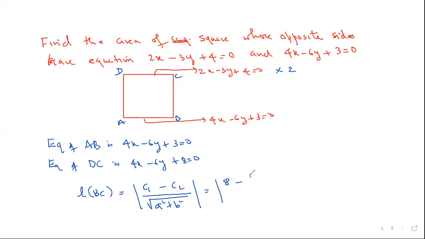So 8 minus 3 upon root of 4 square plus minus 6 square. 5 upon root of 16 plus 36, that is 52. So this length is 5 upon root 52. Now tell me the area of the square.